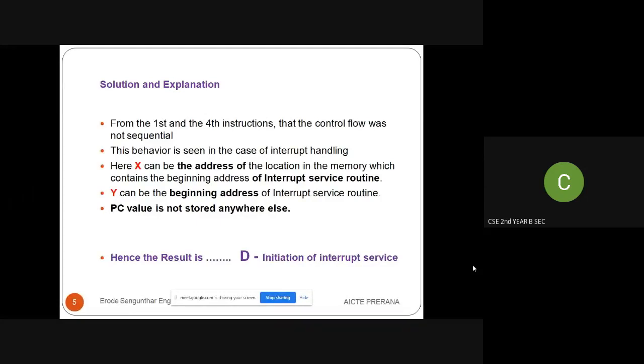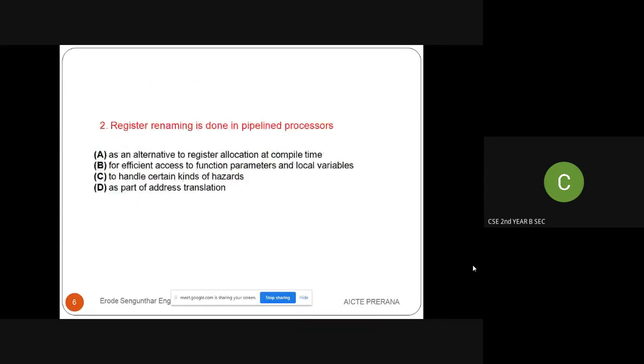Okay, so next question. It's a very simple question, but think deeply and answer. Register renaming is done in pipelining process for what? They have given four different types of options. We are very familiar with register renaming. In the previous class itself we discussed register renaming and its uses while we had the session on pipeline hazards, right?